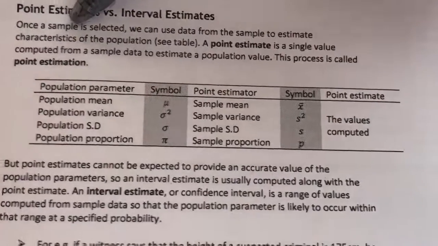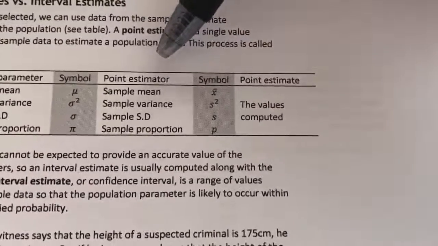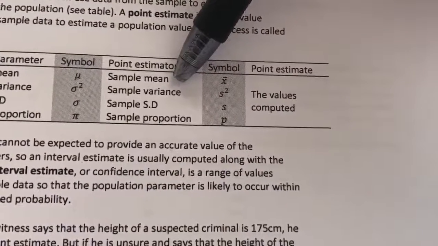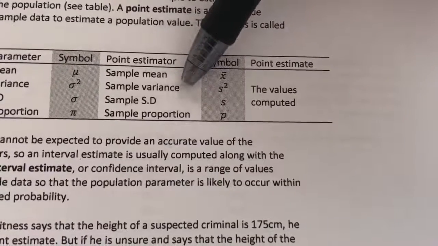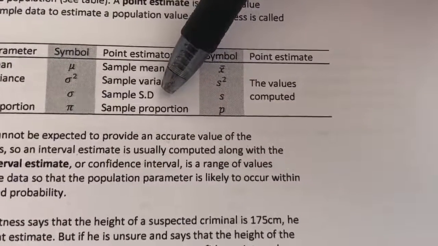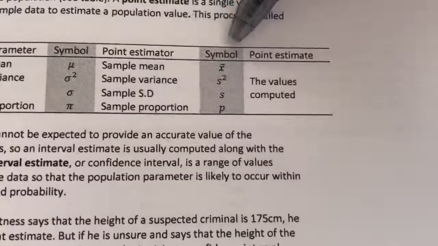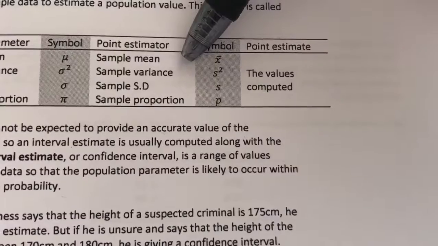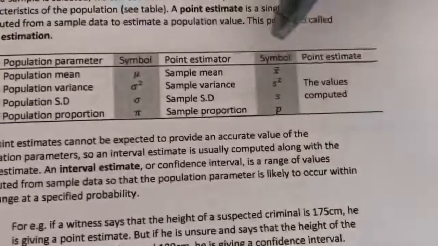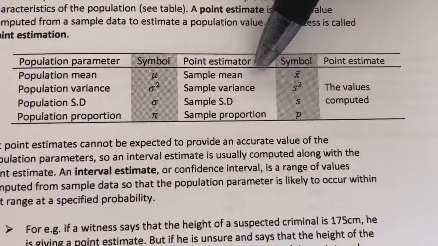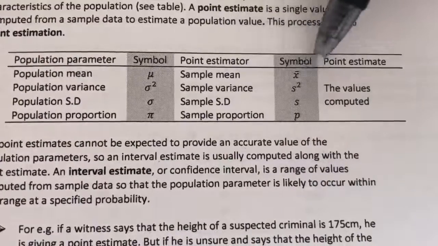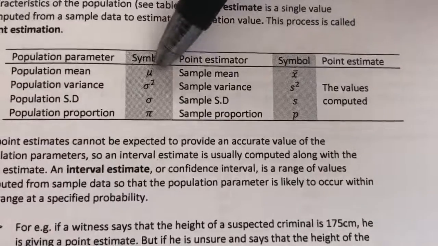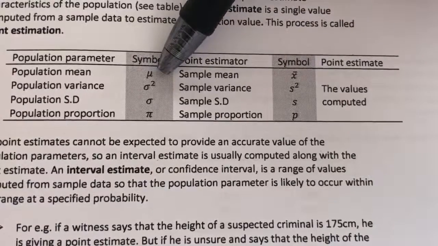Okay, now from our samples, we can also calculate our average or sample mean from that sample. We can also calculate our sample variance. We can get our sample standard deviation as well as sample proportion. These are the symbols that denote what I just mentioned just now. So basically, when we calculate our mean or average from the sample, which is x bar, it is actually an estimate of the mu that we are actually interested in.